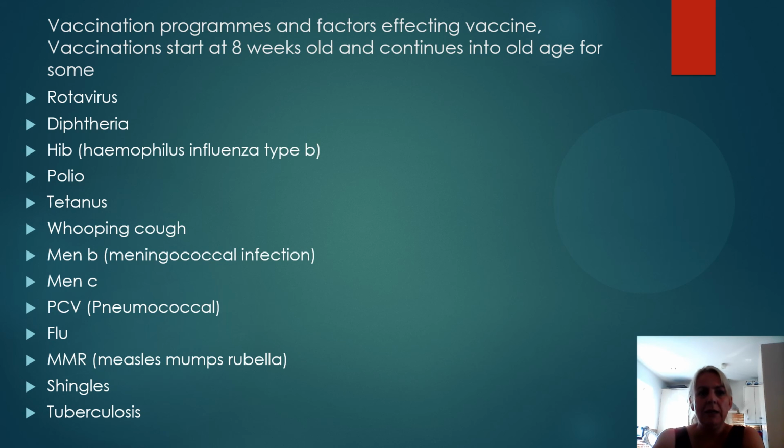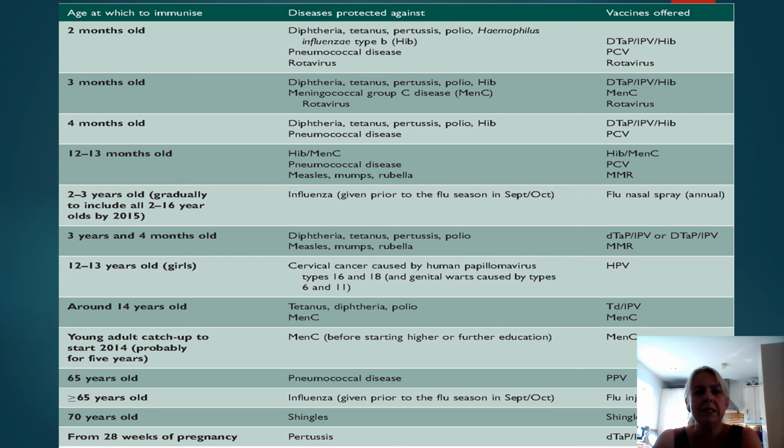There are many different viruses that this can protect people from, as well as other illnesses. This is an example of a schedule that you would see from the baby being 2 months old, 8 weeks old, upwards, and it tells you which vaccinations you need at which time for the benefits to be seen.